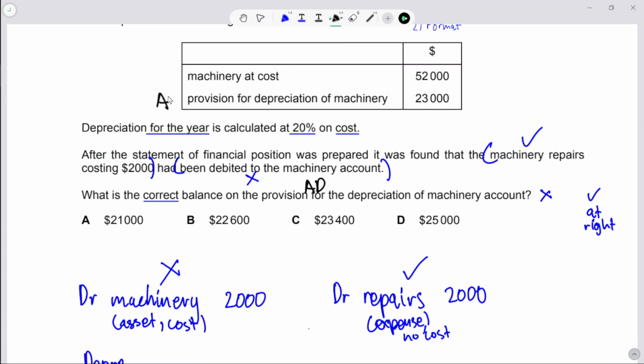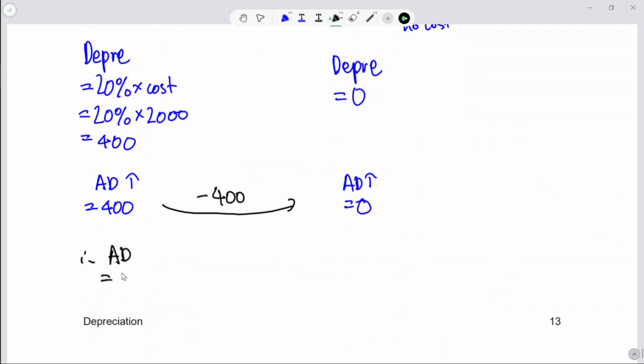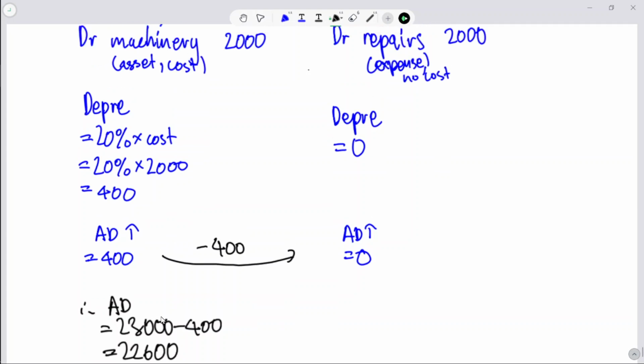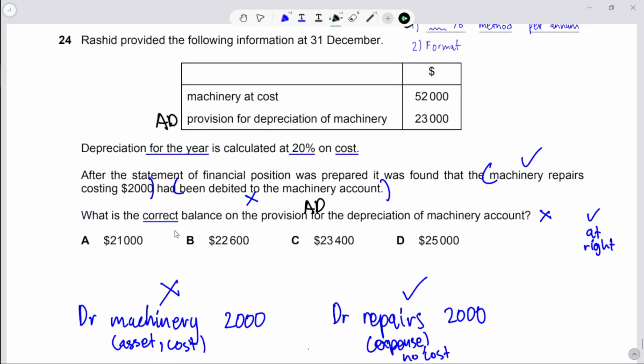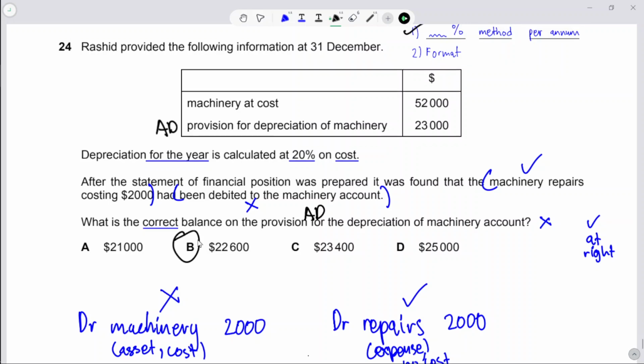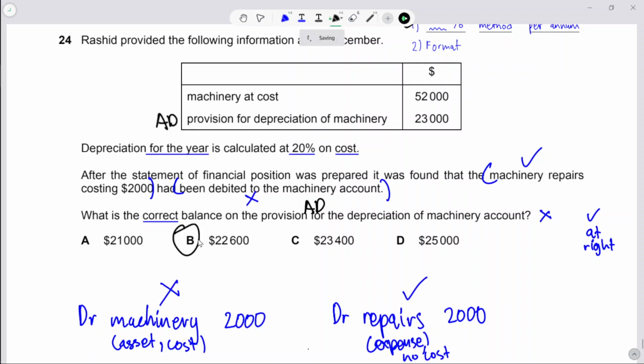Okay, AD is 23,000. Then minus 400, you'll get 22,600. Okay. So the answer is void. Okay, we are done.